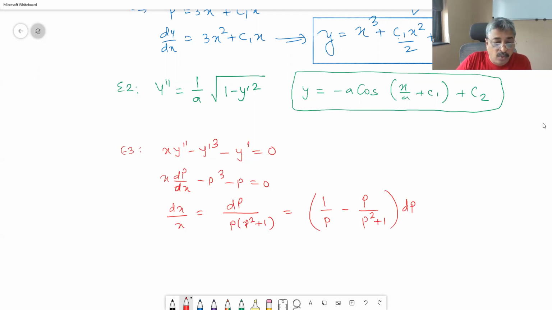After you integrate it once, this is ln or log x is equal to log p minus half log (p square plus 1) plus log c.